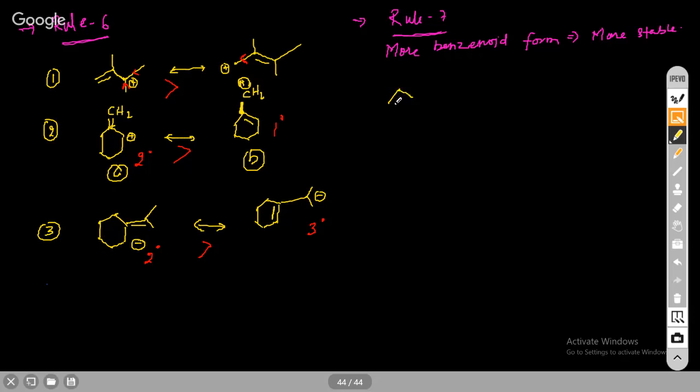Naphthalene, the structure is this. Another one, if I draw, the structure will be this. This is naphthalene.